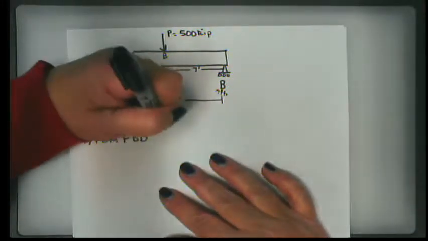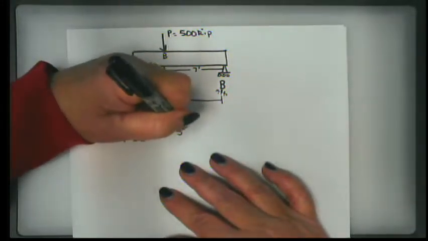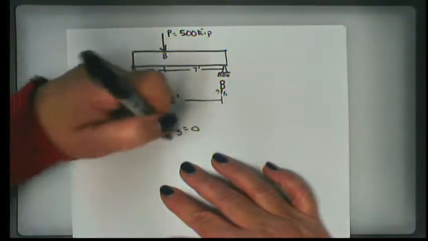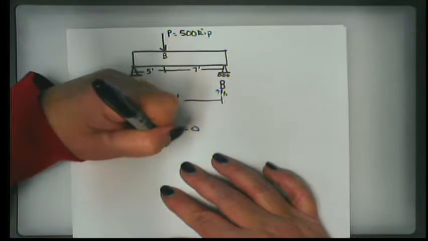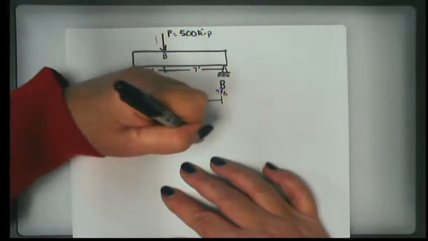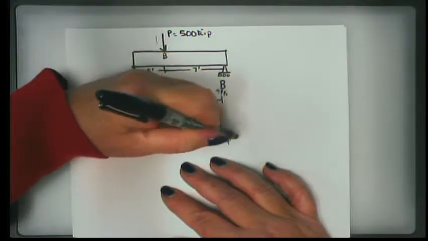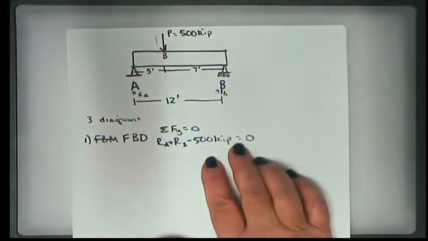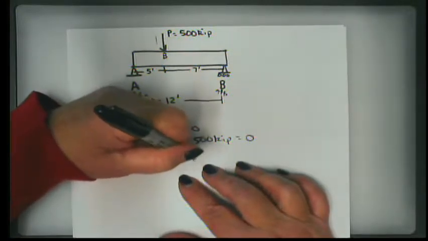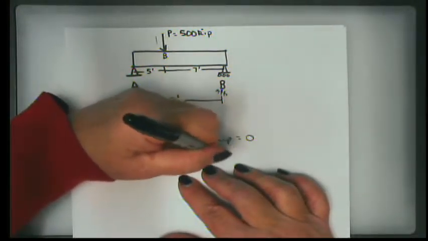The summation of forces in the y direction on this beam has to equal 0. I've drawn RA and RB up, which is a pretty safe bet because they push up against the negative 500 kilopound load, and because everything sits still, it has to equal 0. So RA plus RB has to equal 500 kips.